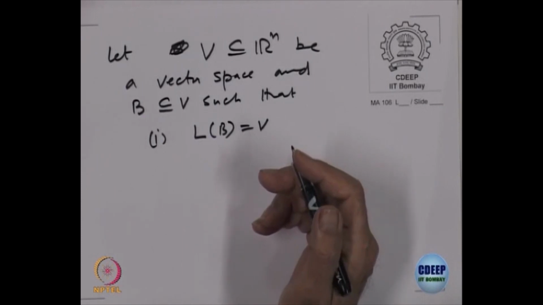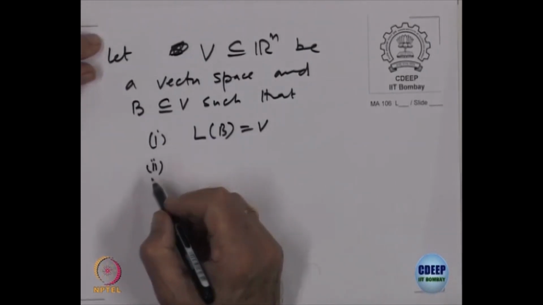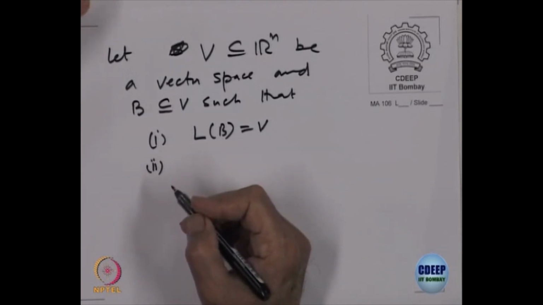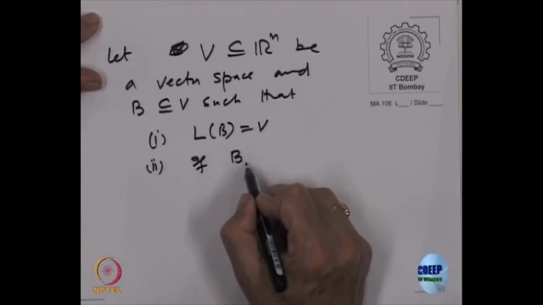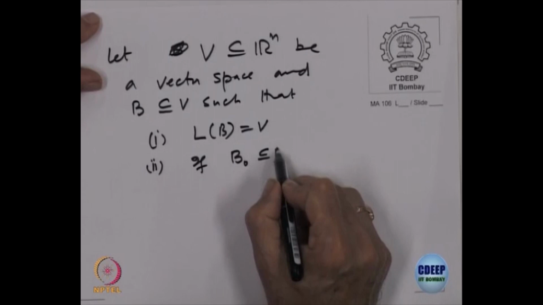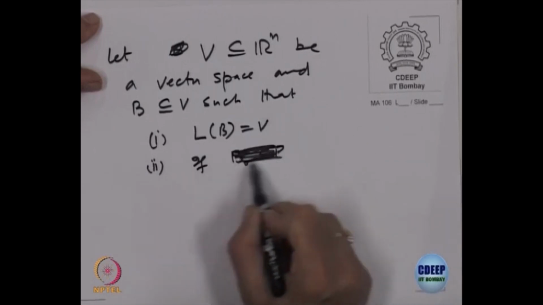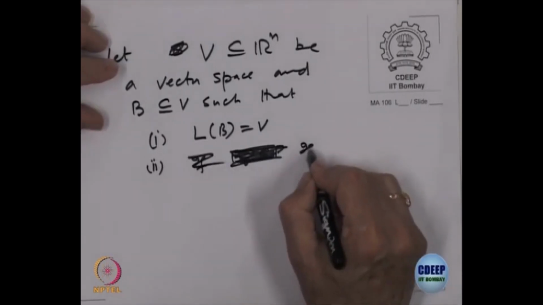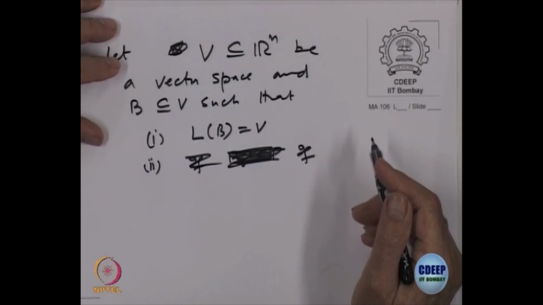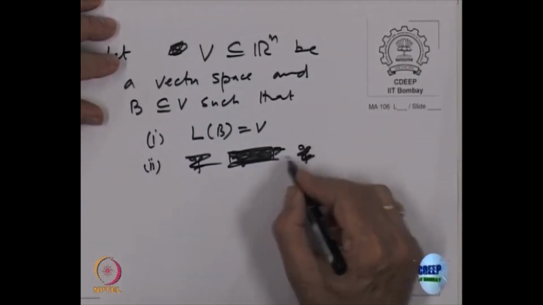Is it okay? The second property I want to say is, I want to minimize, I want to say this is the smallest. That means how should I write it?